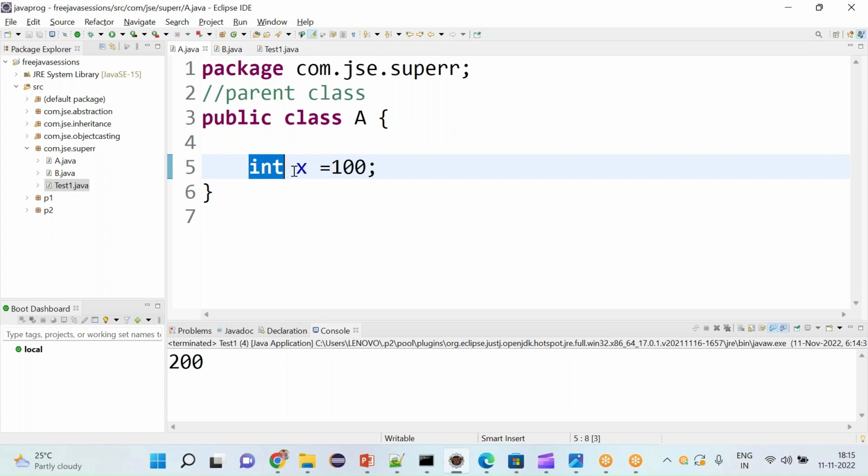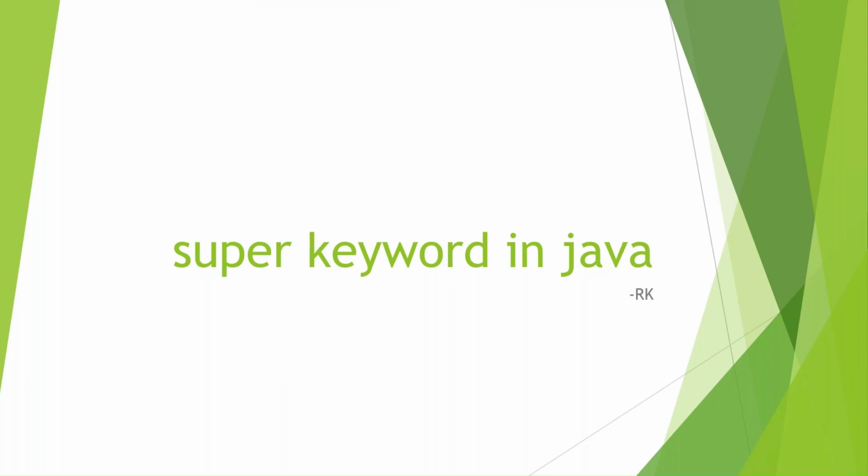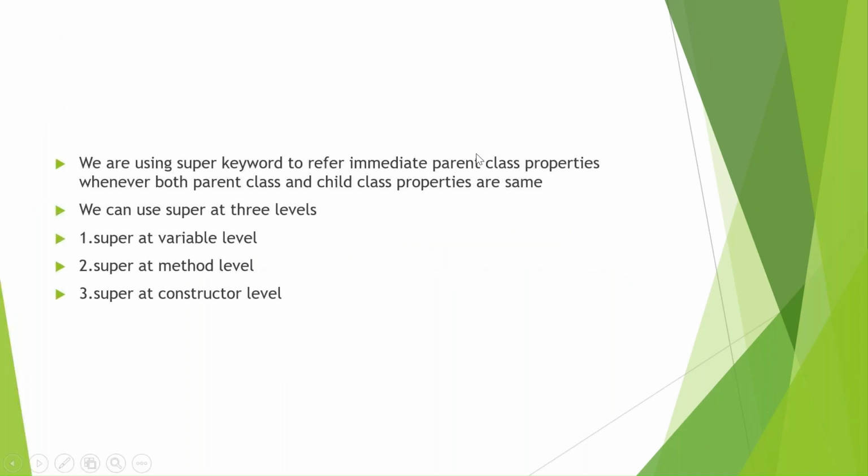If this is your requirement, coming back to the PowerPoint which I have prepared: the super keyword is always used to refer to immediate parent class properties, whether it is a variable, a method, or a constructor.